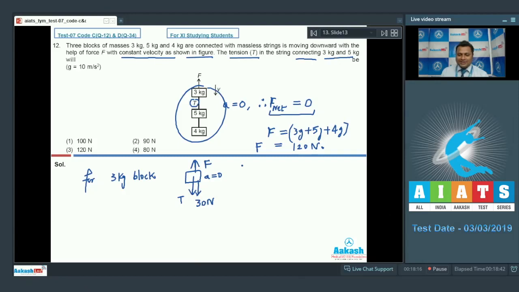That means no net resultant force is acting. So we can say that the upward force must be equal to the total downward force, that is T plus 30. As a result, we get T equals F minus 30. F is 120, and if we put the value of F here, we get the tension T value as 90 Newton. So we can say that option number 2 is absolutely correct. So that's why we will go with option number 2.